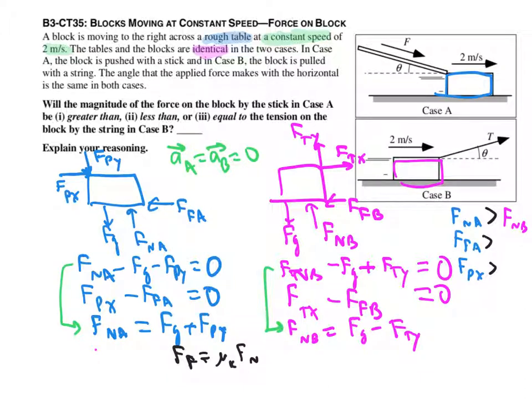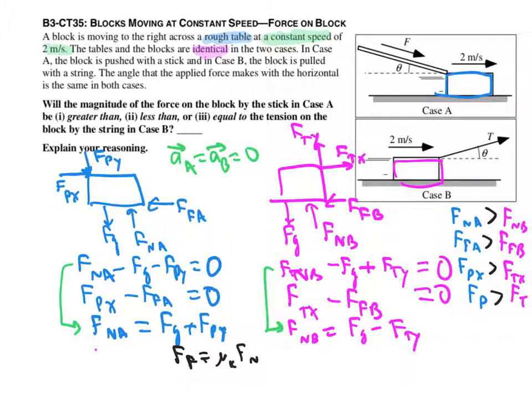Why is that useful? Because since they have the same angle, the x component is just proportional to the total, and so we are left with FP has to be greater than FT.